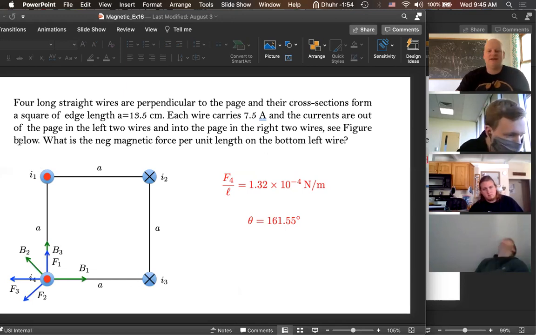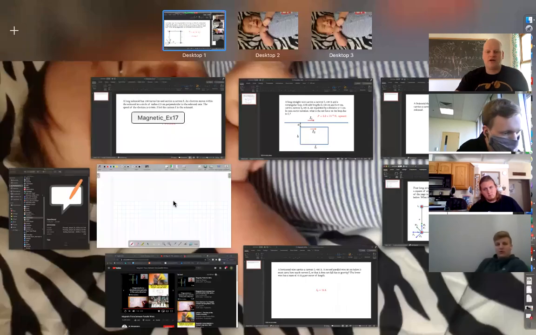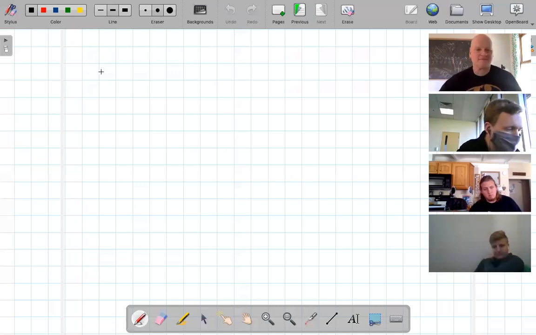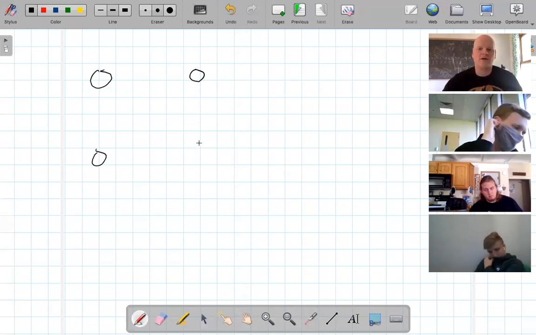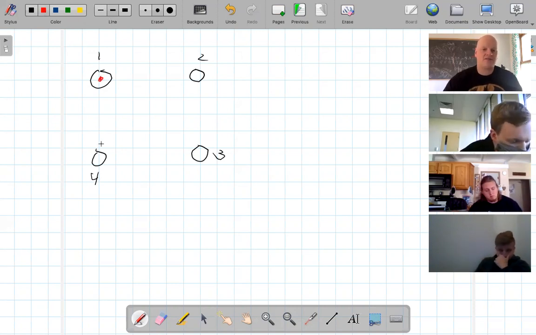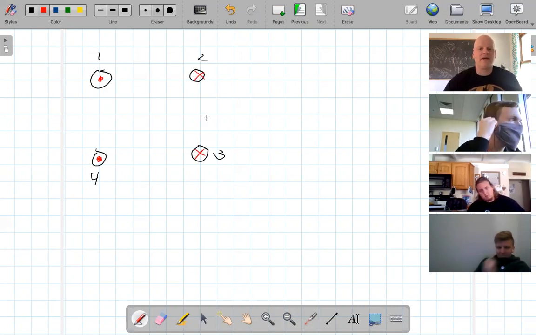Okay. So good. So let's redraw our situation. Good. So I have wire 1 here, wire 2, well, that's number 4, 2, 3, and 4. So I'm calling this 1, 2, 3, and 4. And then in this case, I got current coming out, current coming out. Here I got current going in, current going in.